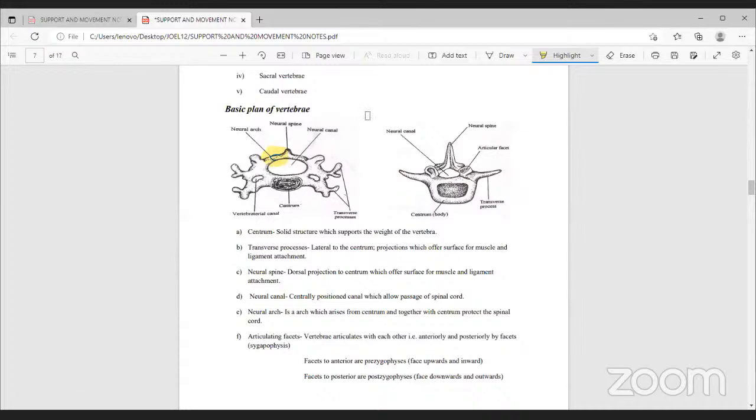It arises from the centrum, and together with the centrum, we protect the spinal cord.